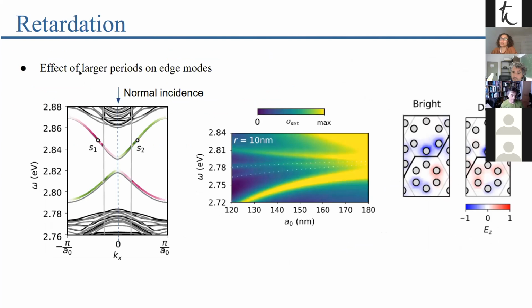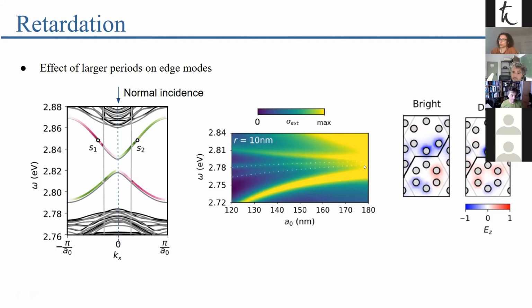So finally, we also look at the retardation effect. We look at what happens for larger periods with the edge modes, as I was doing for the one-dimensional case. I plot the extinction cross-section of the modes here at normal incidence as I increase the lattice period.